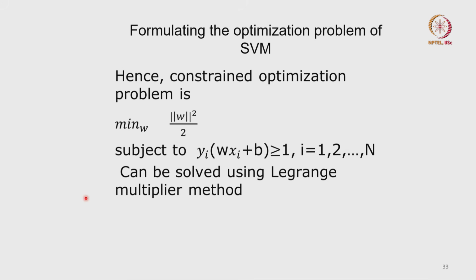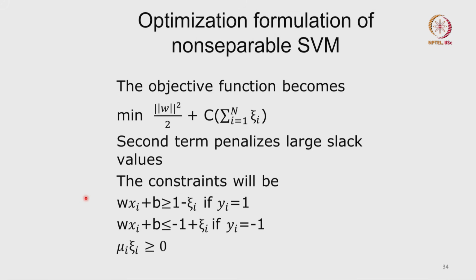Now, what happens if it is not separable? Okay, so, when it is not separable, you can use this formulation, where this eta is known as your slack variable.